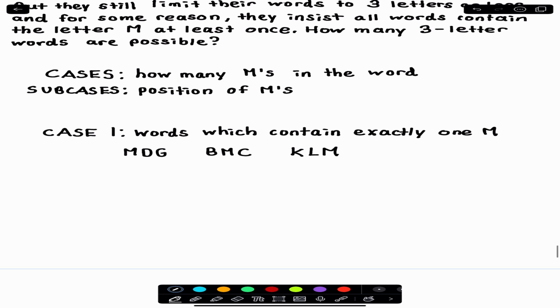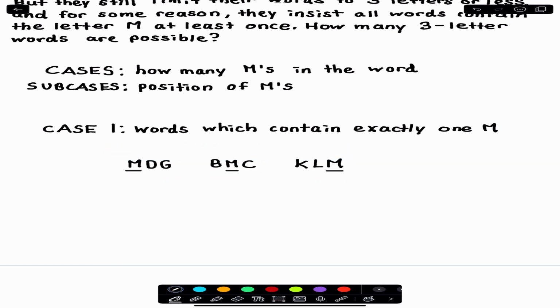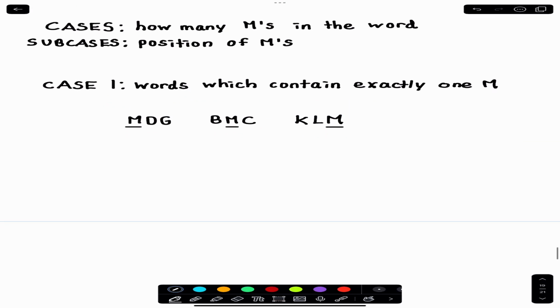And this gives us a pretty good idea on how to split our subcases, because the M can either be in the first position, the second position, or the third position, like I've done here. And I'm actually just going to give it a little bit more space, like this. So this is how we're going to do it.